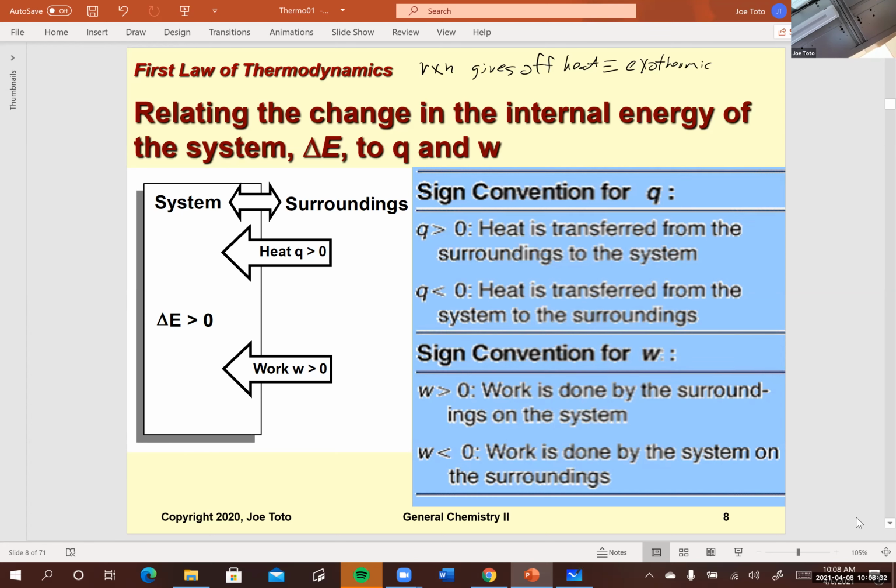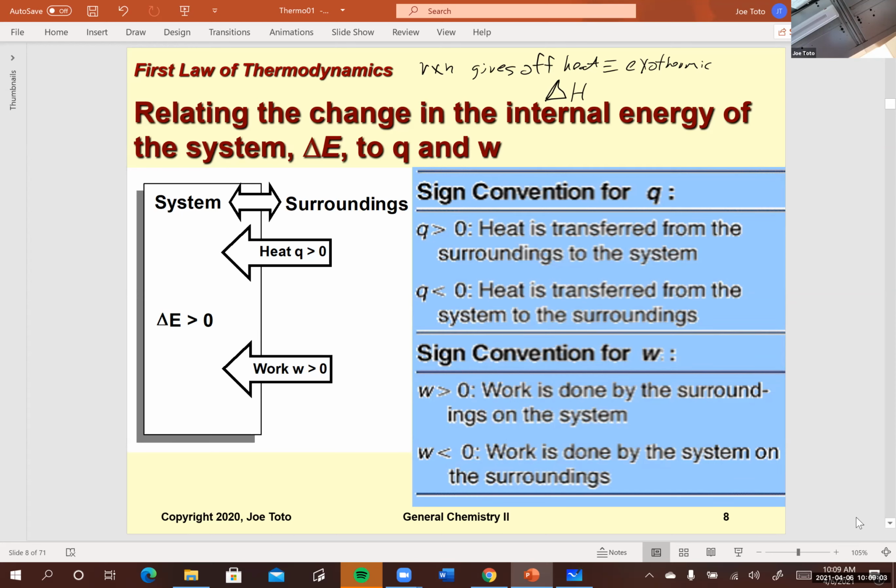Now, can we define a quantity that tells us how much heat is given off? Do you remember that from Chem 200? Wasn't it like the change in something? Delta H. You remember that? It's coming back.